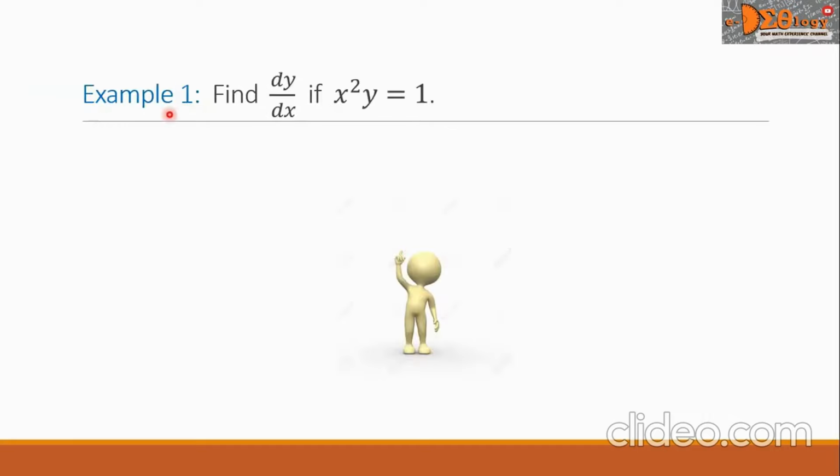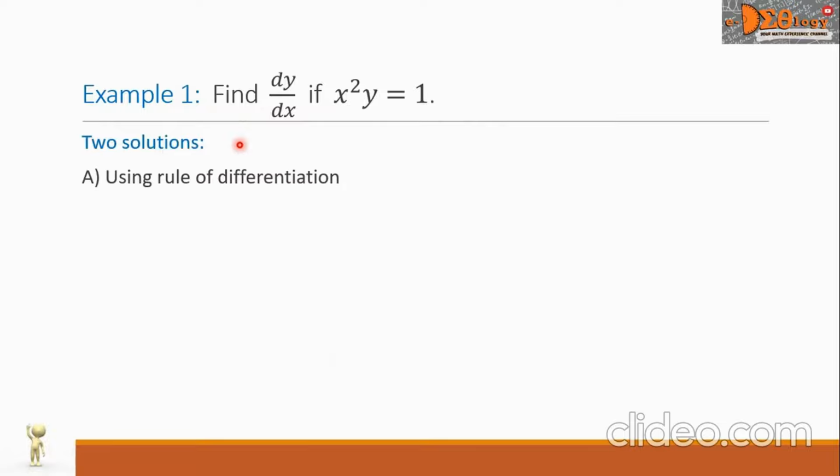Let us see this example 1. Find dy over dx if x squared y equals 1. We have two solutions here. Solution A is by using rules of differentiation. First, let us rewrite the function as y equals 1 over x squared.